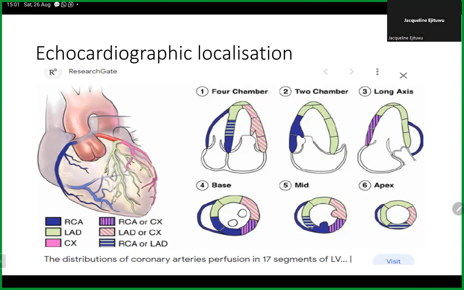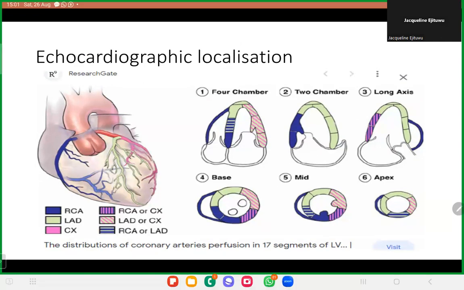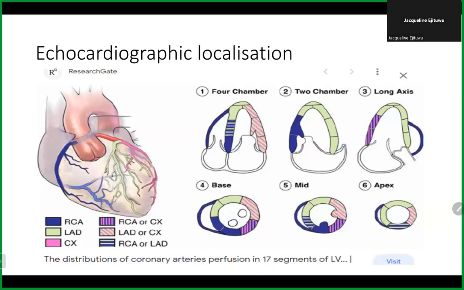As we can see on the apical four-chamber view, the anterolateral wall, as we've mentioned, can be supplied by either the LAD or the circumflex artery. So once there is segmental regional wall motion abnormality involving the anterolateral wall, it's likely to be the LAD or LCX that is involved.